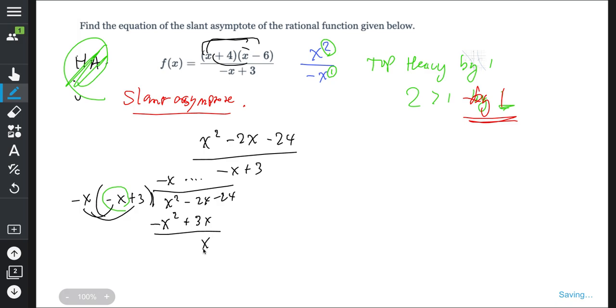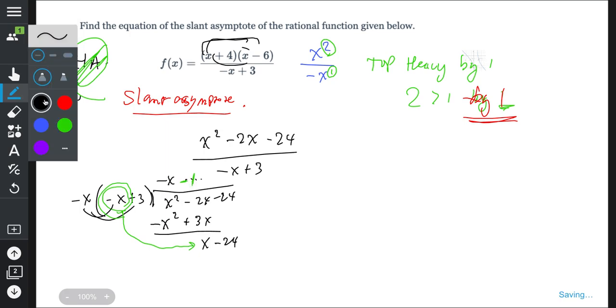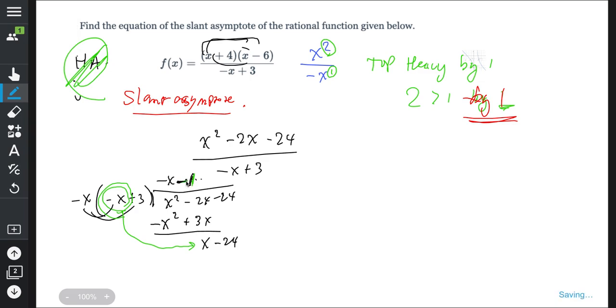This is going to be x minus 24. I don't think that's going to be relevant, but let's take this negative x. Think about what multiplies to this, and it's going to be negative 1. And we can stop right there because we have enough for the equation of a line.